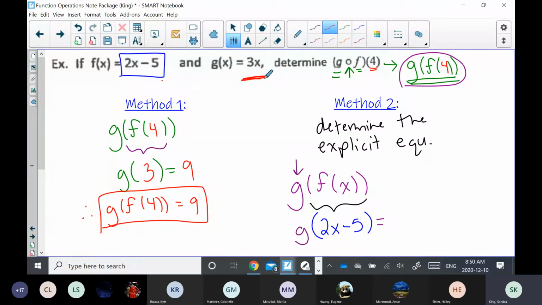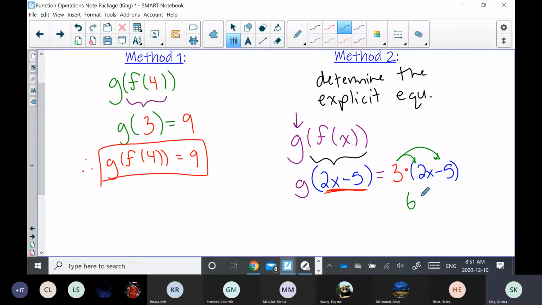What I have to do here is into this function, every single time I see an x, I need to take that x out and I need to put in what they want, which is 2x minus 5. So the g function is 3 times x, so it's going to be 3 times, and then the x comes out and 2x minus 5 goes in. You would then distribute that 3 to get rid of the bracket. And you would get 6x minus 5. And nope, that's incorrect. 6x minus 15.